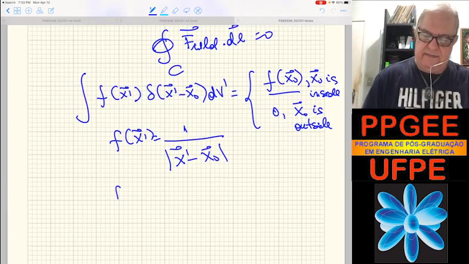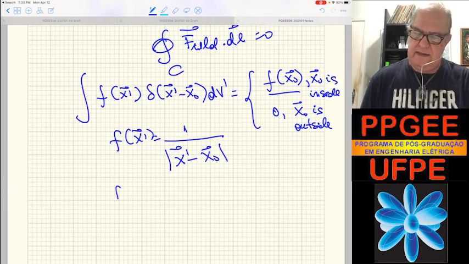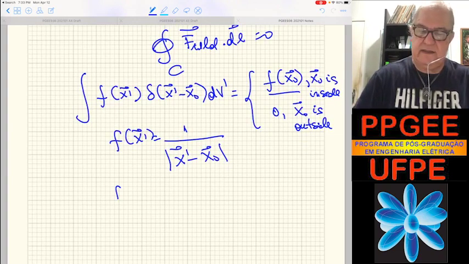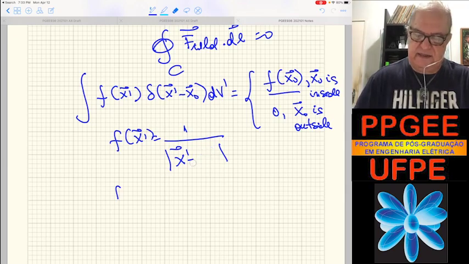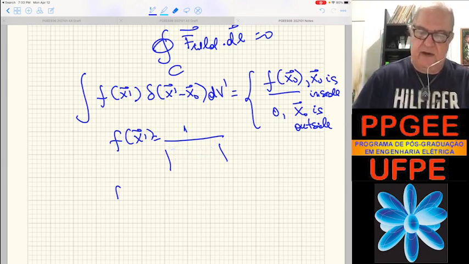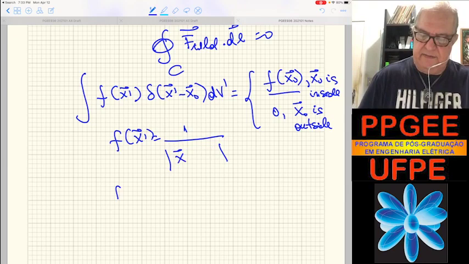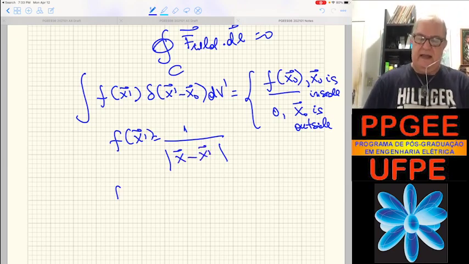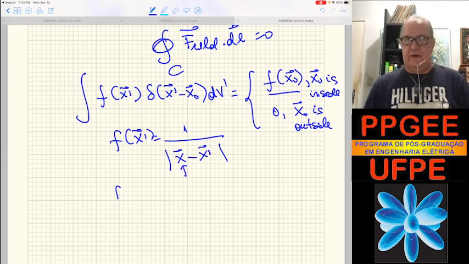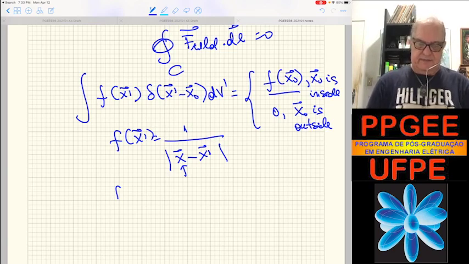Sorry about that. The function is not that. It's f of x prime equals 1 over the magnitude of x minus x prime. x is a constant parameter in this integration.